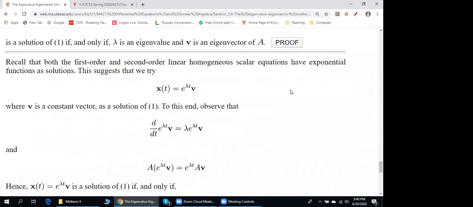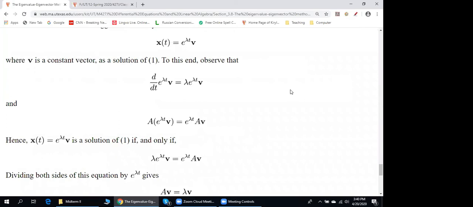What is missing? On the left-hand side, where the derivative should be, the lambda is missing for e to the power of lambda t v. Lambda is here. So on the left-hand side, we take the derivative of e to lambda t v. And then by chain rule, the derivative of e to lambda t is lambda e to lambda t.